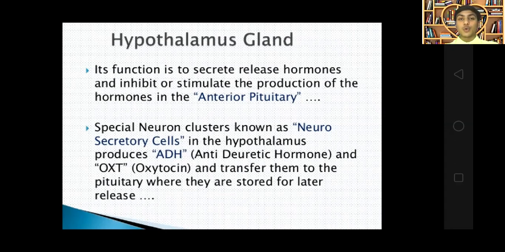The hypothalamus produces ADH, antidiuretic hormone, and OXT, oxytocin. These two hormones are transferred to the pituitary where they are stored for later release.